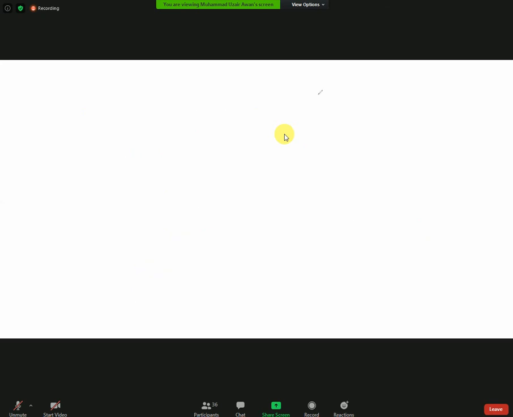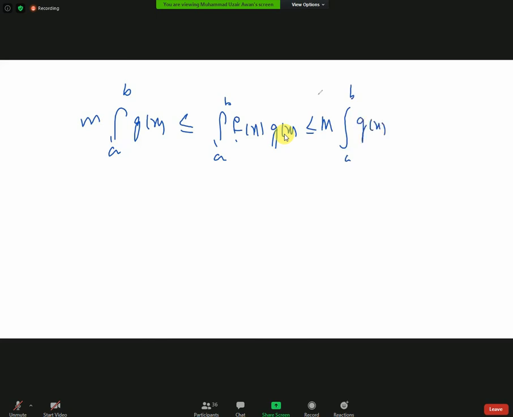From this we have, taking small m out, the integral of g of x.